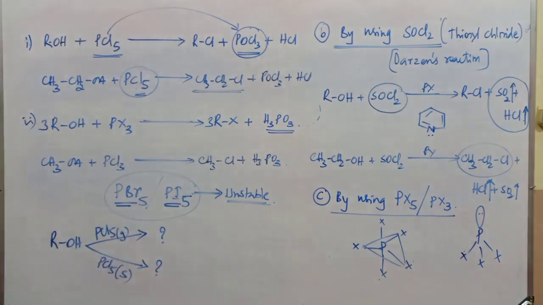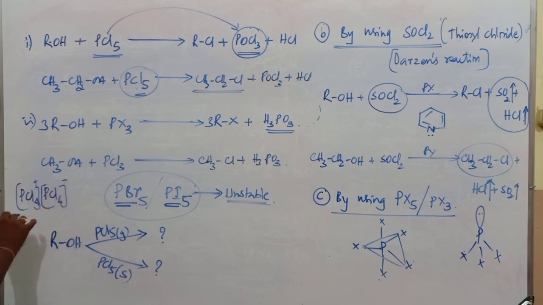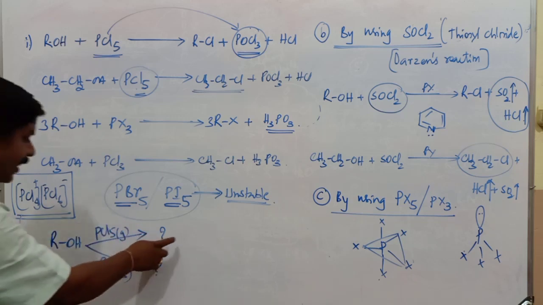Remember, in solid state PCl5 exists as PCl4+ and PCl6-. With the help of this composition of PCl5 in solid state, you have to identify the nature of the product in this reaction.